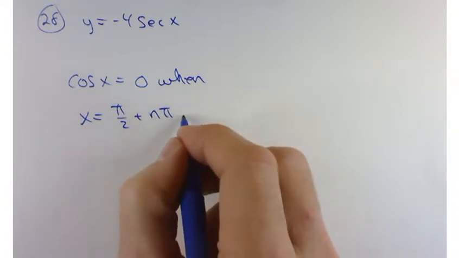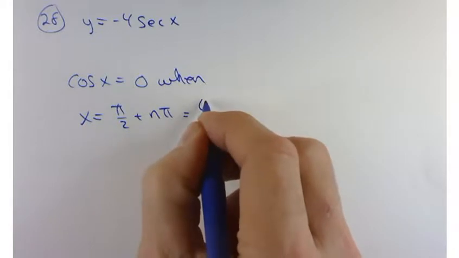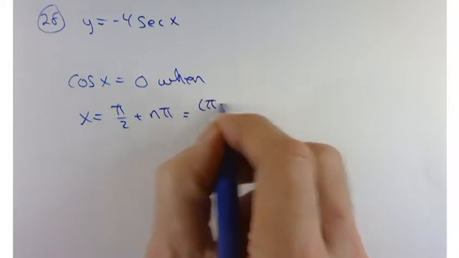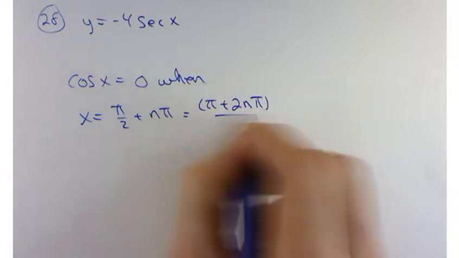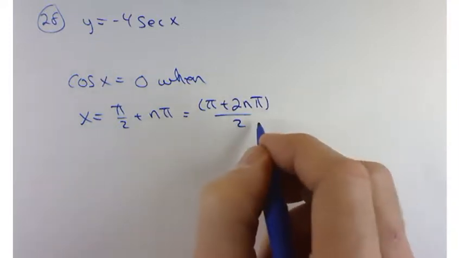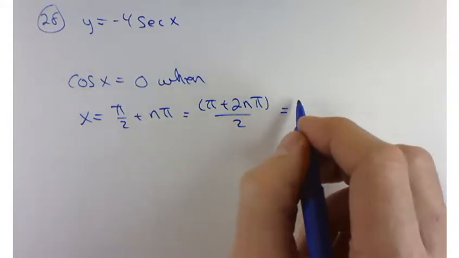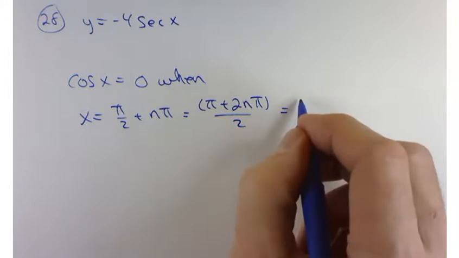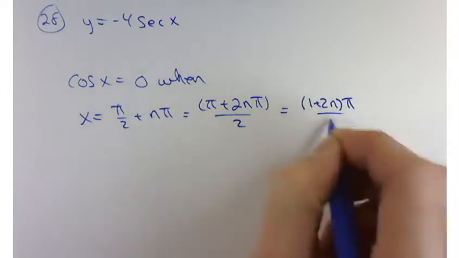You could also write that as pi plus 2n times pi over 2, or better yet, it'd be 1 plus 2n times pi over 2.